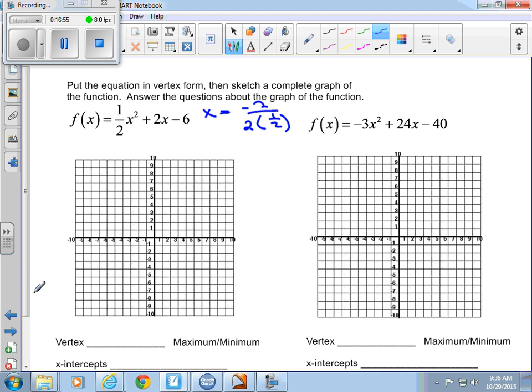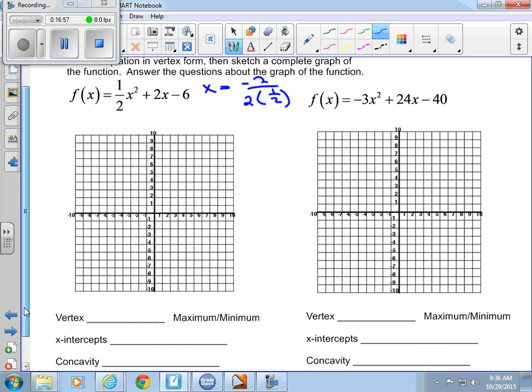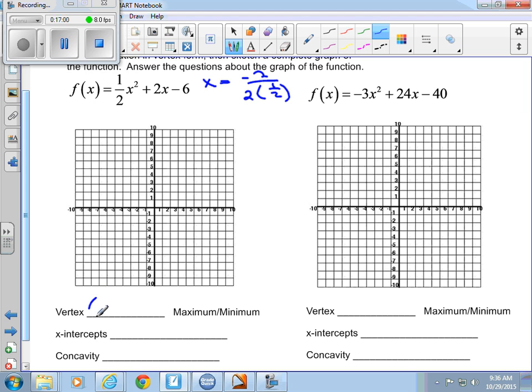I'm going to put that answer down here. -1 and then -3.5. I should check my work. Oh, you might be right.